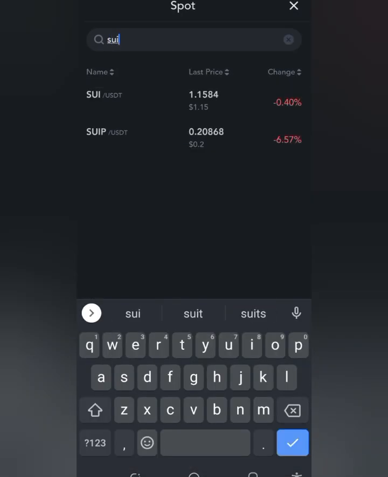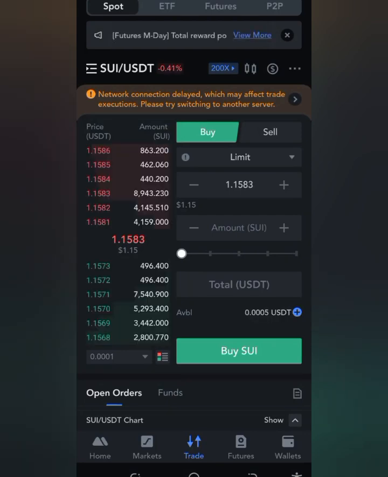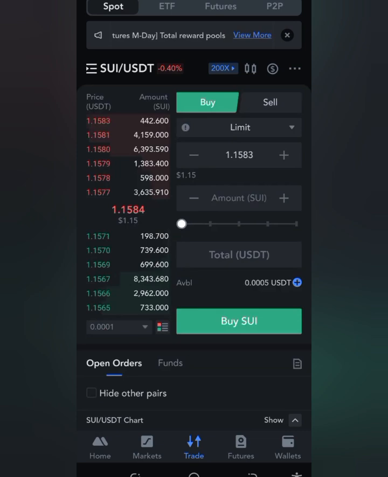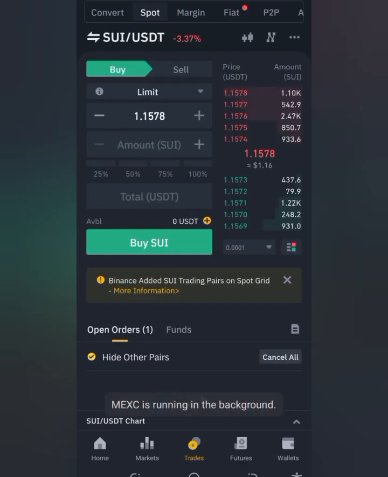SUI, it is available, obviously. And this price is $1.158. Now, can you see the price? I think the price is slightly higher here. 1.158, then 1.157. So these are coins that have just been listed.